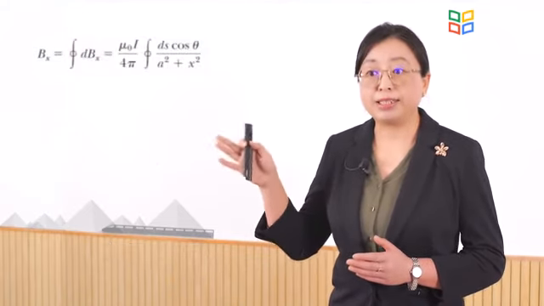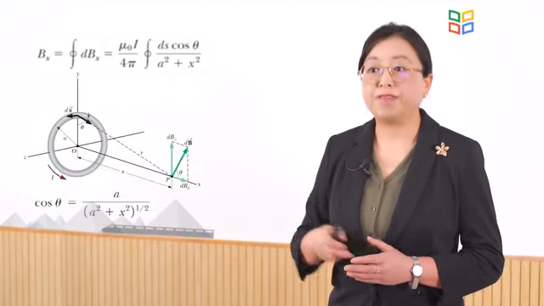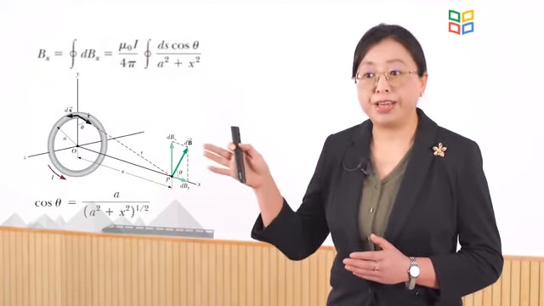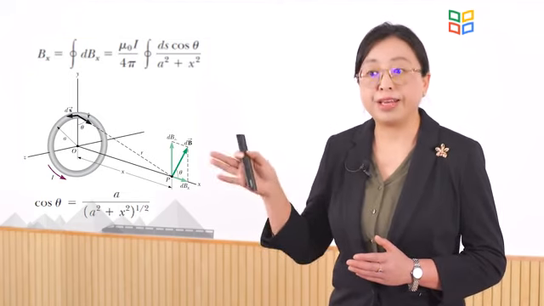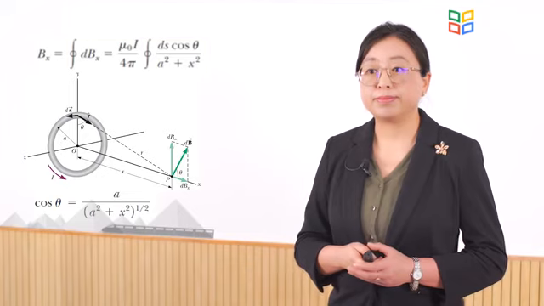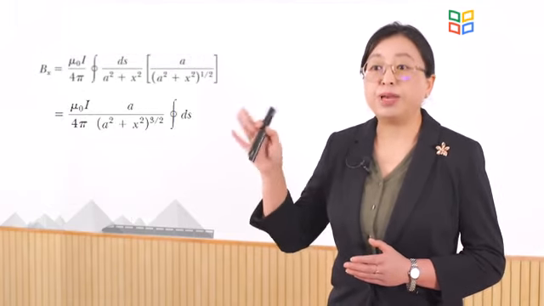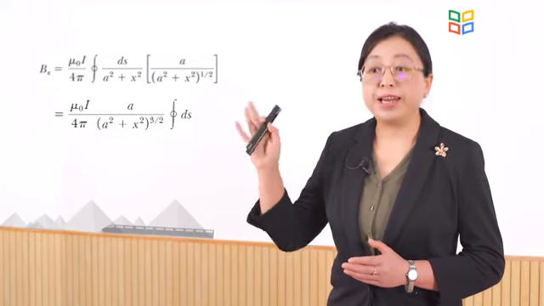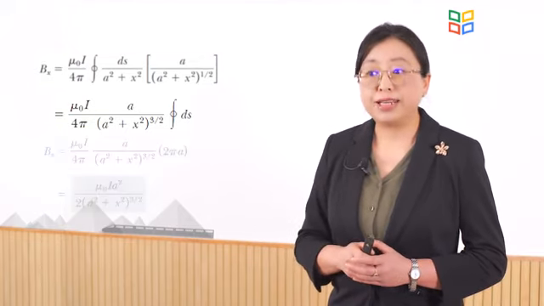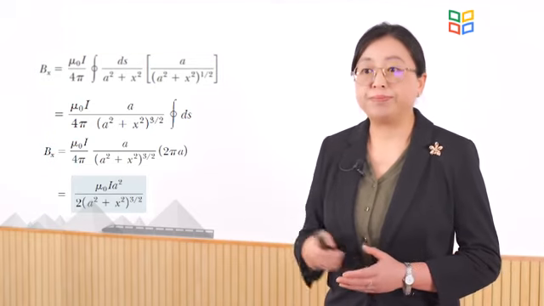Integrate dBx over the entire loop. We find cosine theta from geometry shown in the figure and substitute cosine theta by this expression. a and x are both constants, and we remove this part from the integral sign. Integrate ds over the loop and find the field finally.